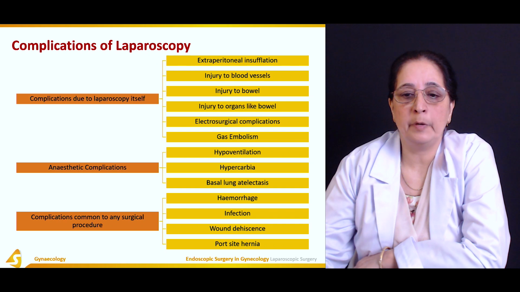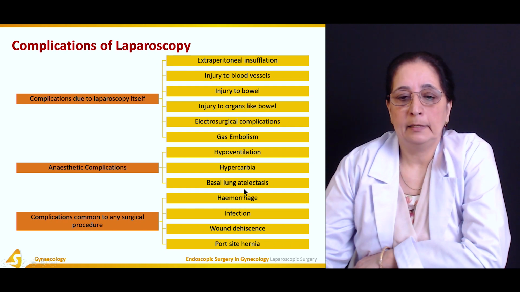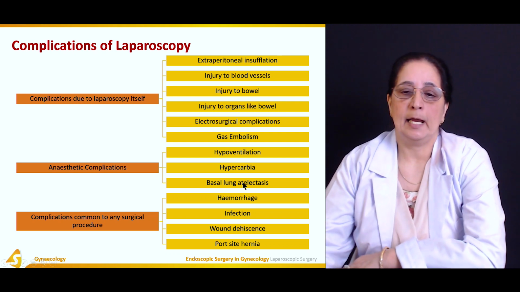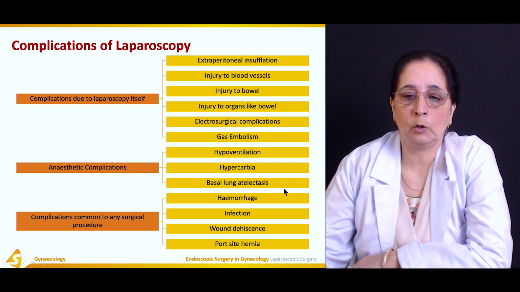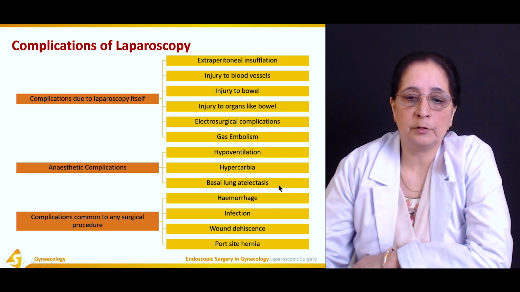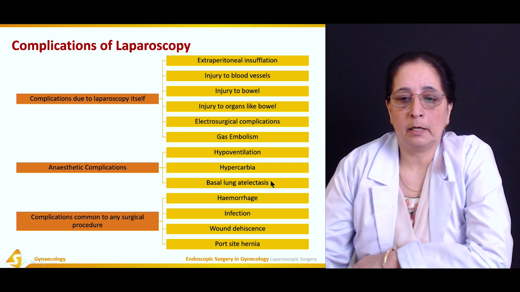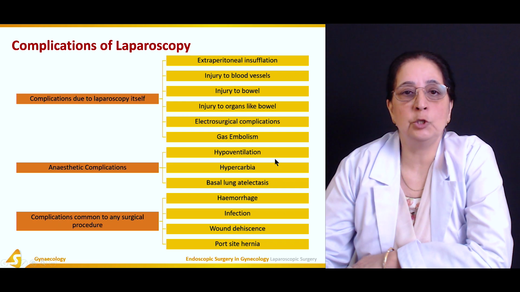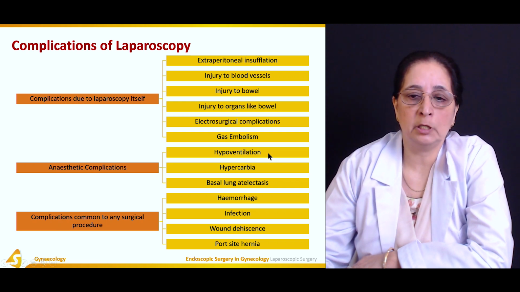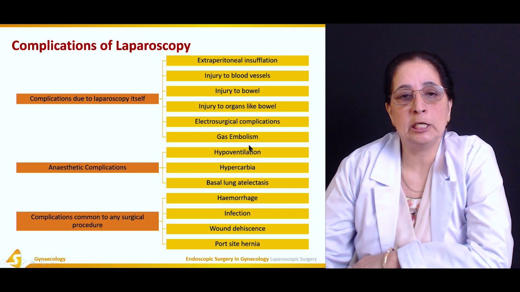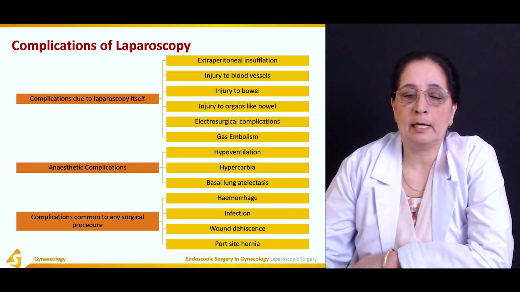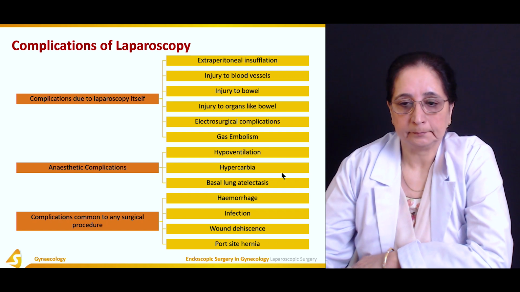So hypoventilation in turn leads to hypercarbia. Then there can be basal lung atelectasis. Atelectasis is collapse of the lung. So collapse of the lung also occurs due to anesthesia. All these complications are mainly due to hypoventilation. When breathing is less, it can lead to hypercarbia and then collapse of the lungs.